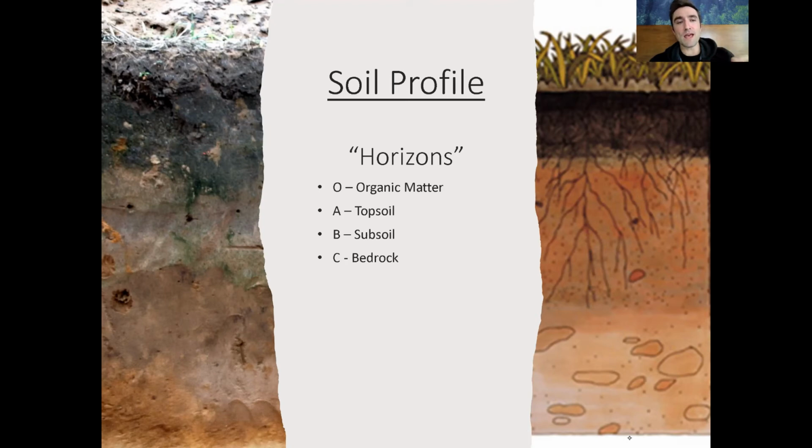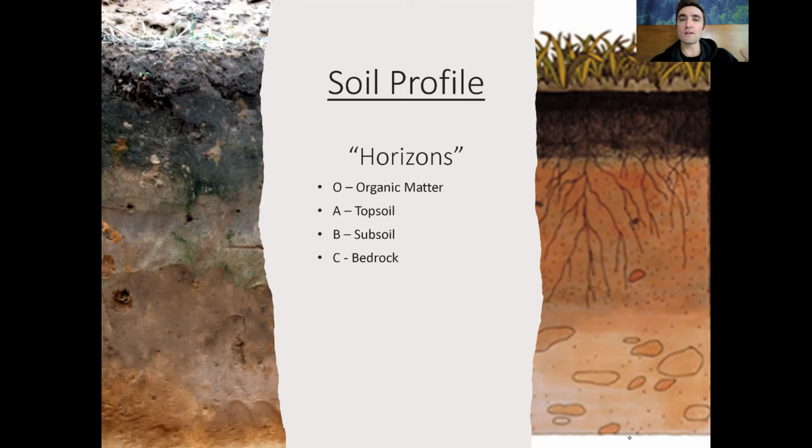The A layer is the actual layer of soil, the first layer of soil, or the one that's on top. Therefore, it's commonly referred to as topsoil. The topsoil is typically very broken down and very mixed with the organic matter from above. So it's usually quite dark in color and also very rich in nutrients.